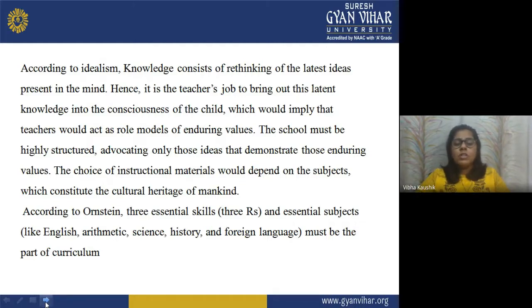According to Austrian, the three Rs and essential subjects like English, mathematics, science, history, and foreign languages must be part of the curriculum. So idealism focuses on a curriculum that must include English, mathematics, science, history, and foreign languages.